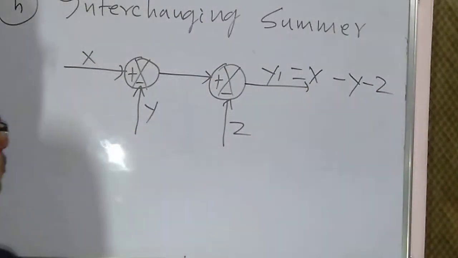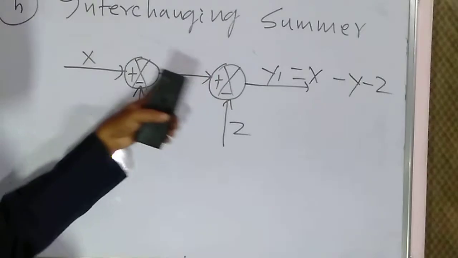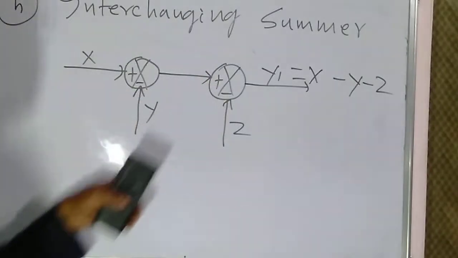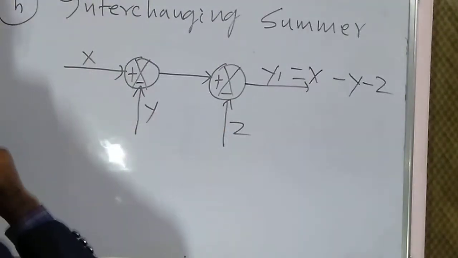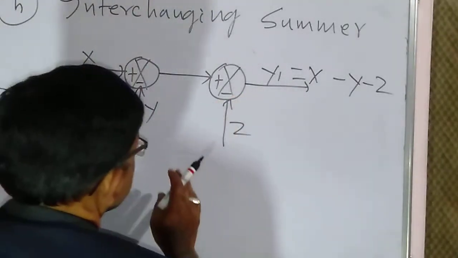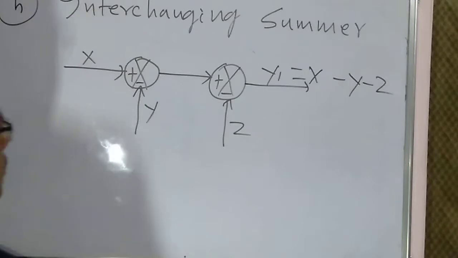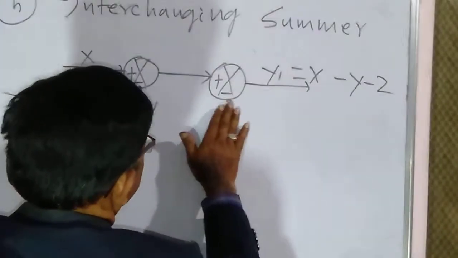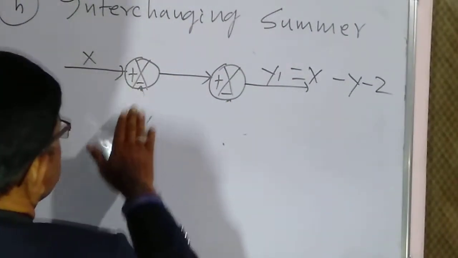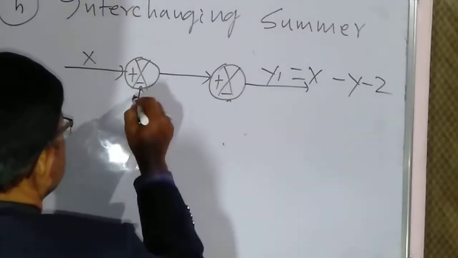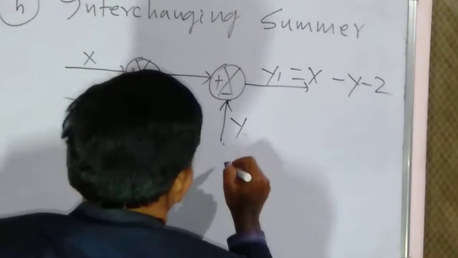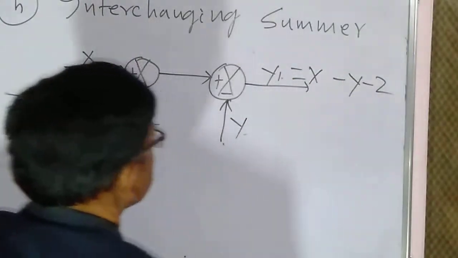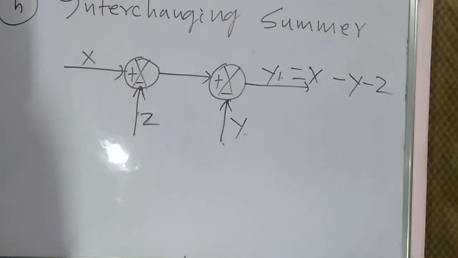So now we want to interchange these two summers. It means z will come to this place, y will come to this place. Then we will get the same result. So if we put z here, this will be z and this will be y. The same result we will get, that is y1 is equal to x minus y minus z.